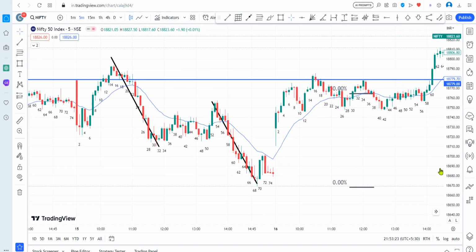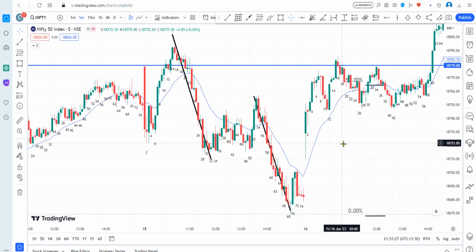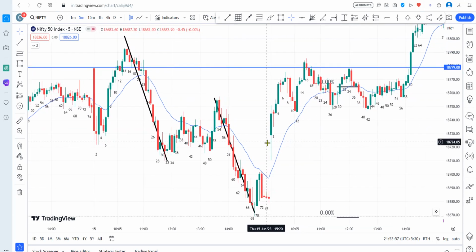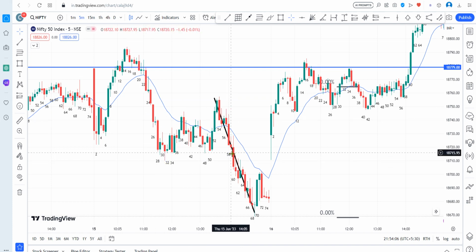Let's consider the beginning of the day and how you manage your day. First bar, bull bar. Let's look at the probability of the first bar closing trade.